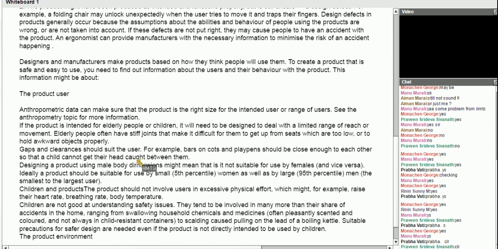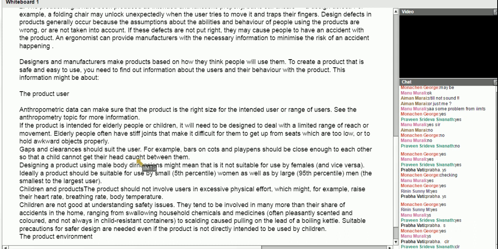The product should not involve users in excessive physical effort, which might, for example, raise their heart rate, breathing rate, or body temperature. So the product should not be too heavy so that it is difficult to pull up, or too large in size so that it is not easy to move.